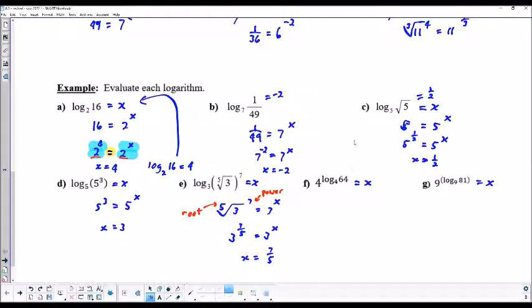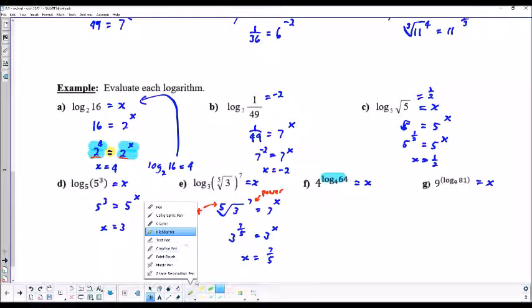Same thing goes here. This is interesting. We've got 4 to the power logarithm of 64 to the base 4. So we're going to ask, well, what do I raise 4 to get to the power 64? Recall that this whole thing is an exponent, and it's actually in the exponent, so it's actually the exponent we're looking for.